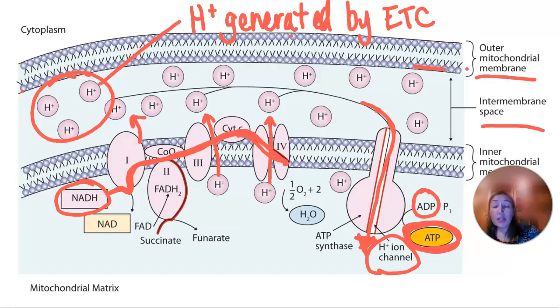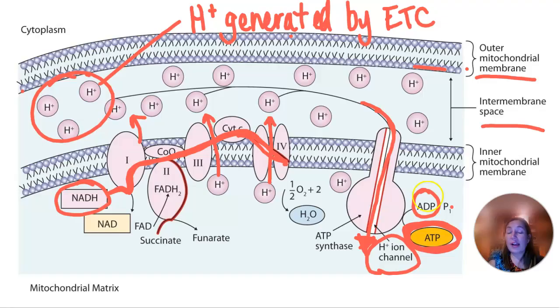That proton gradient drives what we call oxidative phosphorylation, right? The protons going through ATP synthase is what converts ADP to ATP, with ADP picking up the extra phosphate group to become triphosphate.